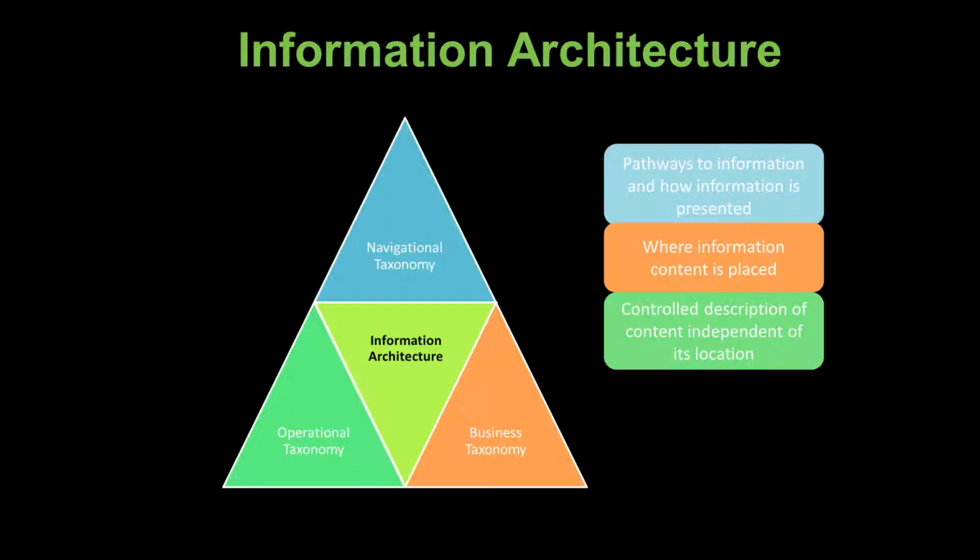Now, through an organization's information architecture, we certainly will get common patterns. And when I talk about patterns, these are patterns of how information is represented in the operational area.